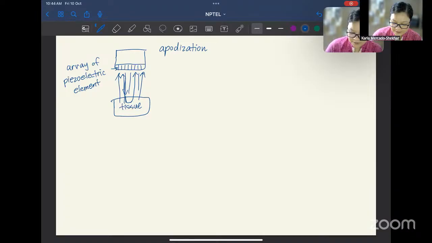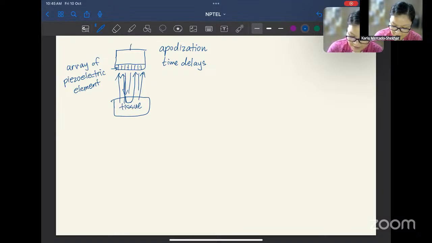So for instance, if you want to focus some more, you can give weights, you can even give time delays, right? Usually one can decide that all of the elements will have equal sensitivity to the backscattered signals from the tissues. Okay, so you can have some apodization happening here.